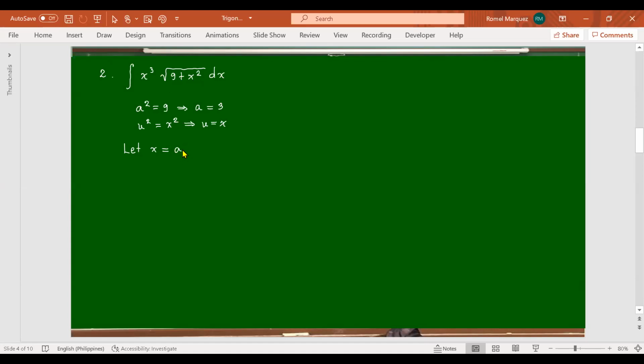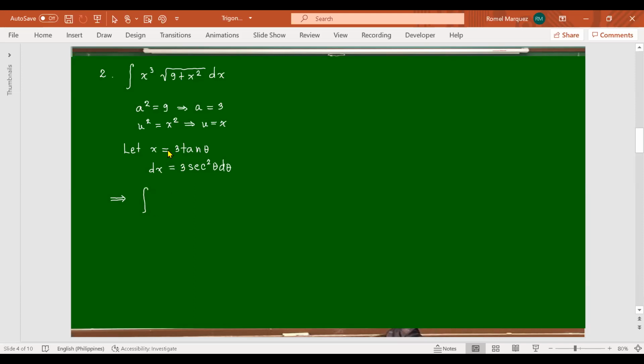So a, but what is our a, guys? 3. Then 3 tangent theta. For the differential of x, we have 3 secant squared theta d theta. Okay? So let us now express everything inside the integral in terms of tangent and secant squared.